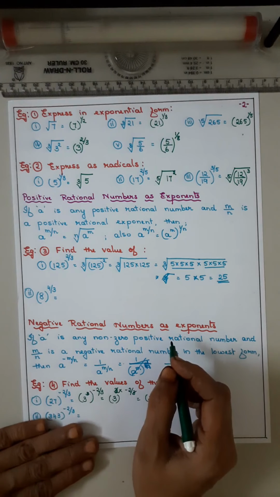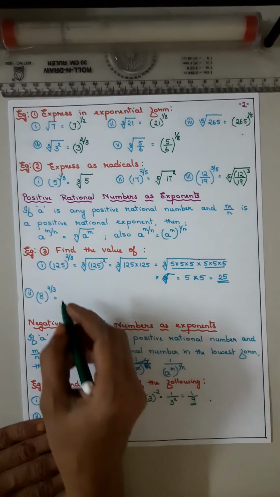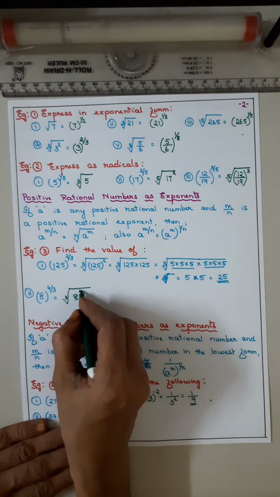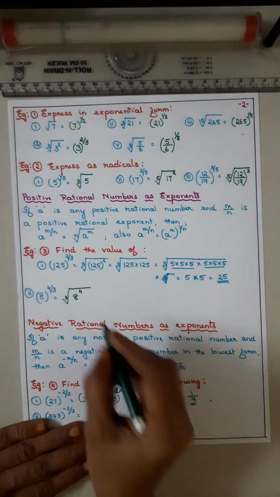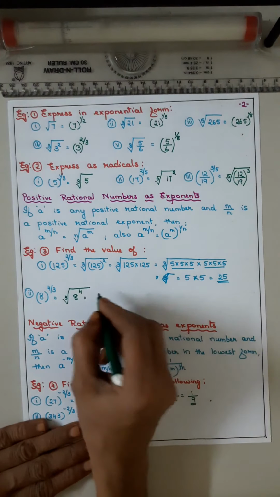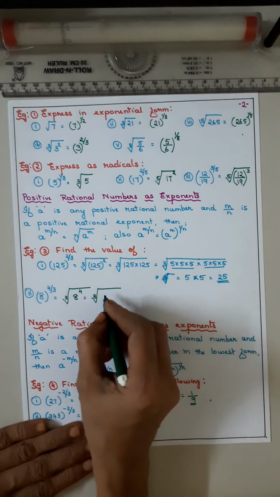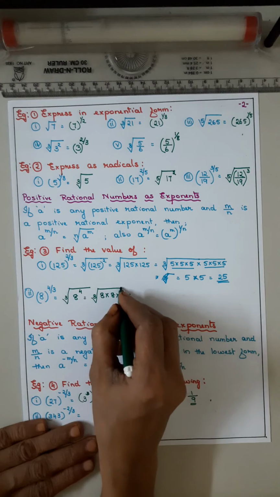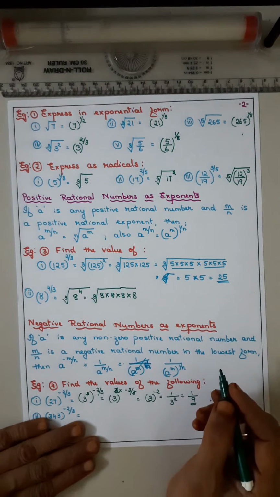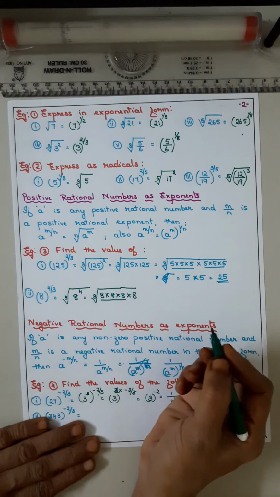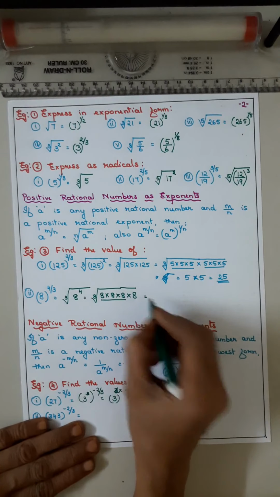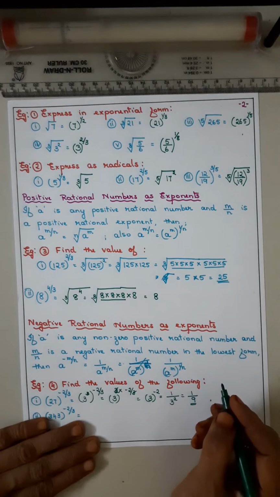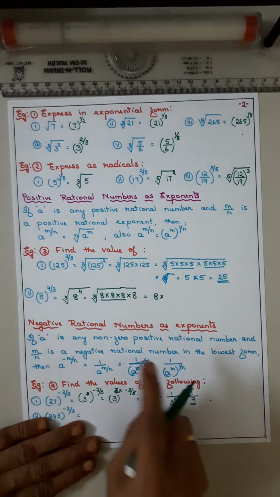Now coming to 8 to the power 4 by 3. So how will you write? Cube root of 8 to the power 4. Yes or no? And now what will you write? Cube root of 8, how many times? 4 times. Isn't it? Now 4 times, so 3 times it will be what? Cube root of 8, 3 times, means it will be 8 into, are you understanding?